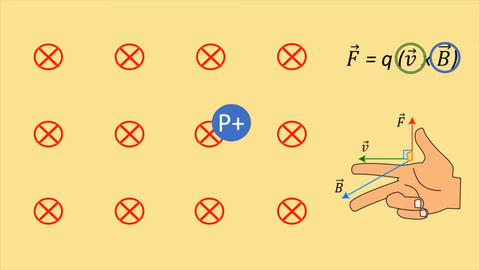Well, it turns out that as long as the charge is in the magnetic field, it will go in a circle because the force will always point to some imaginary middle of the circle, and we can actually calculate the radius of the circle, and that's exactly what we'll do in the example in a few seconds.